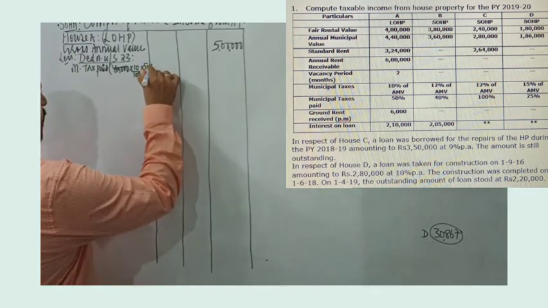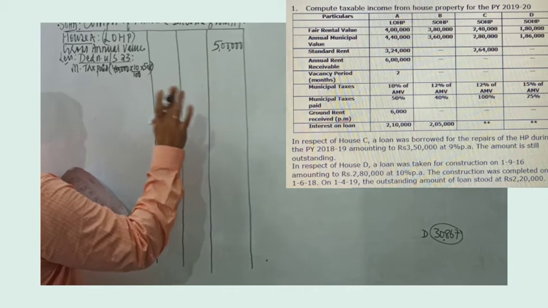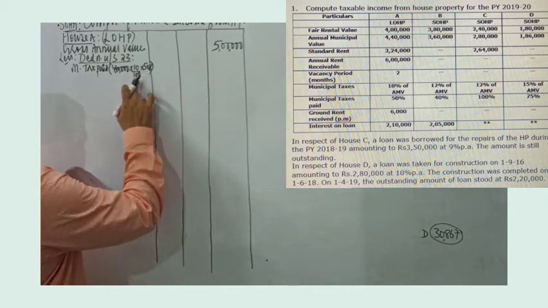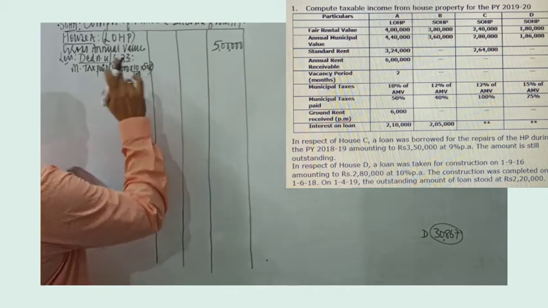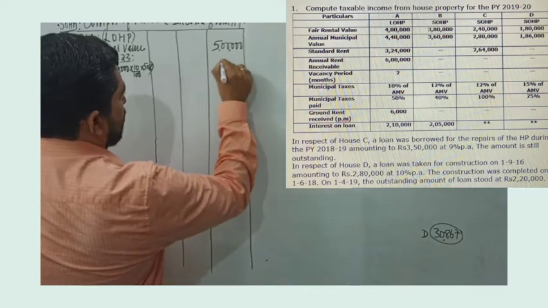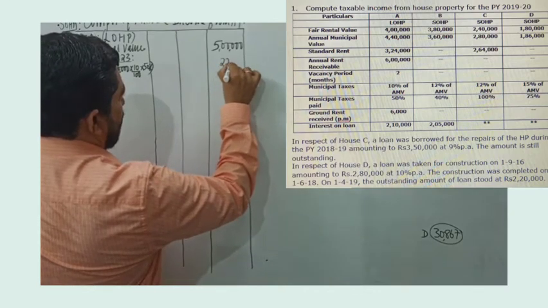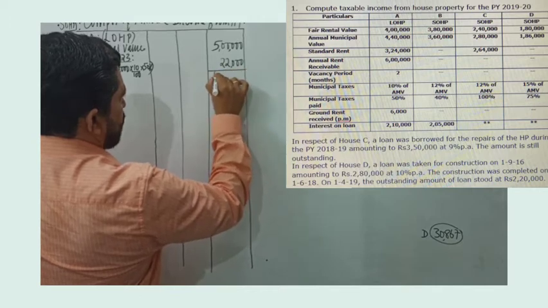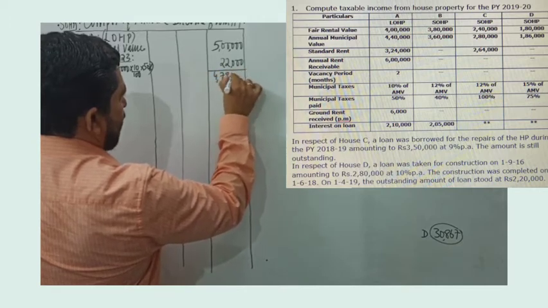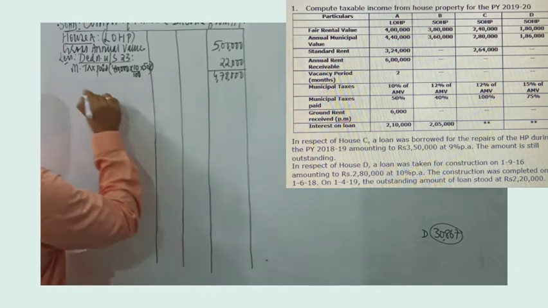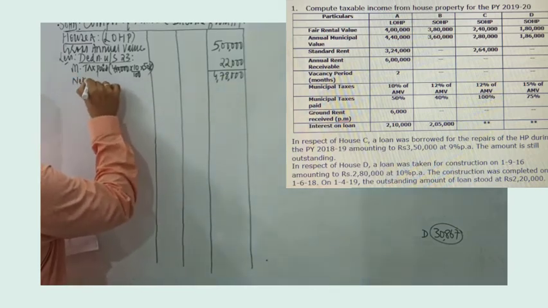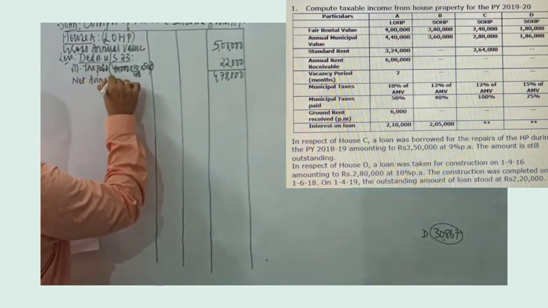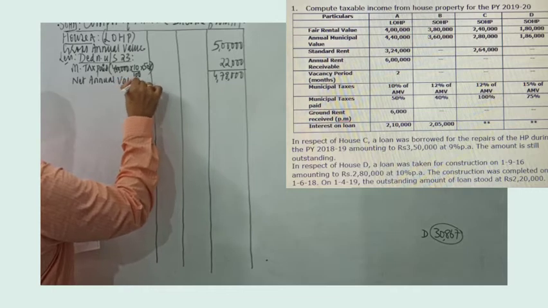So only 50% is paid. How much is paid is deductible. So 4,40,000 into 10% is 44,000. 50% is 22,000. So I can deduct municipal tax paid 22,000. So I get 4,78,000 as the net annual value. Net annual value for house A.